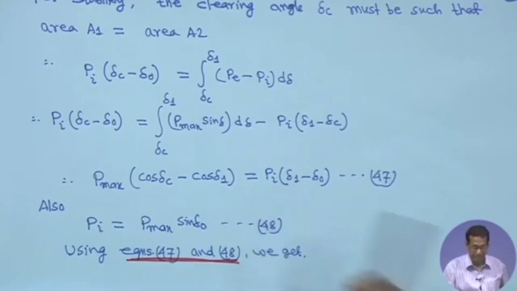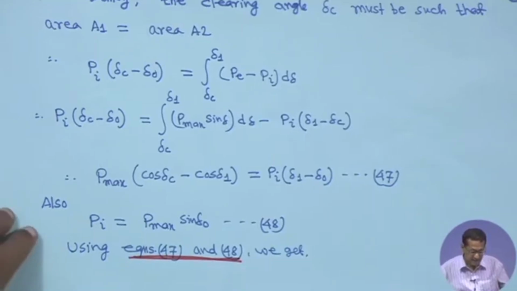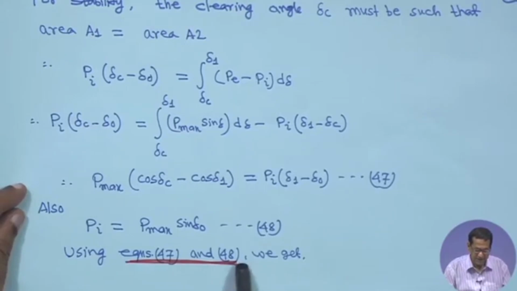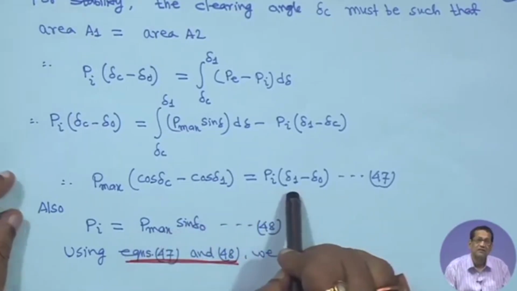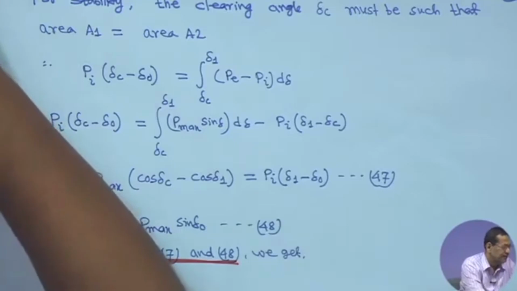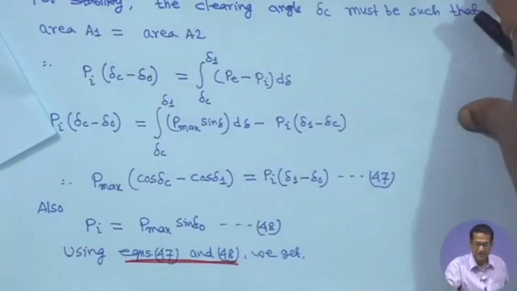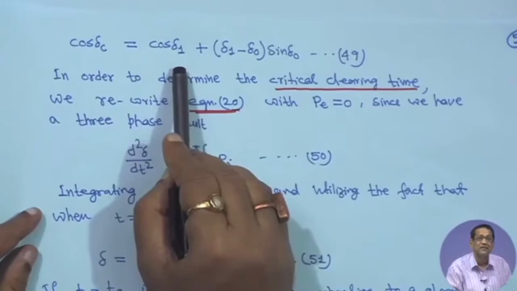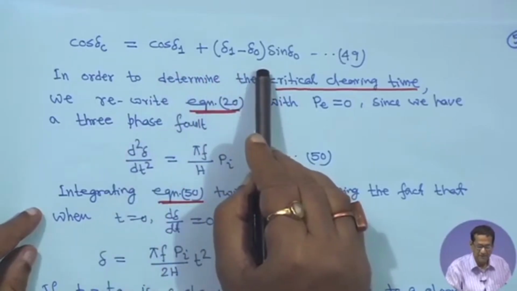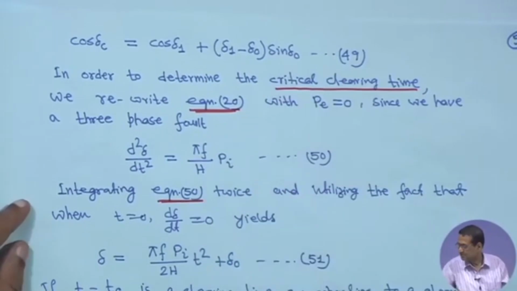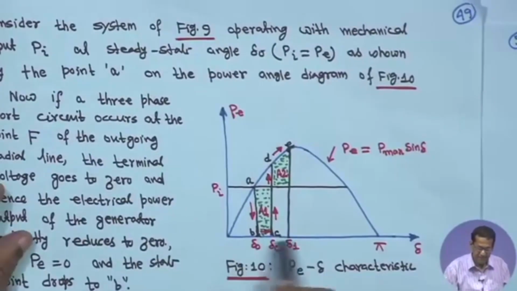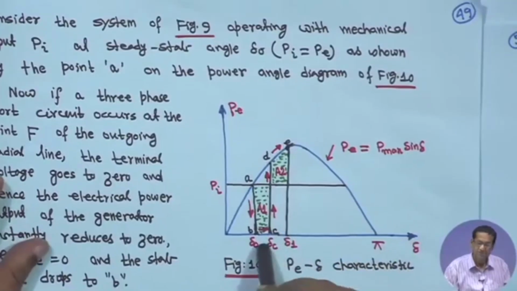That means we are writing, using equation 47 and 48, you put this value here, then you will get cosine delta C is equal to cosine delta 1 plus delta 1 minus delta 0 into sine delta 0. This is equation 49, and delta 1 is that maximum one, it has gone up to this E, and from this figure everything is given.